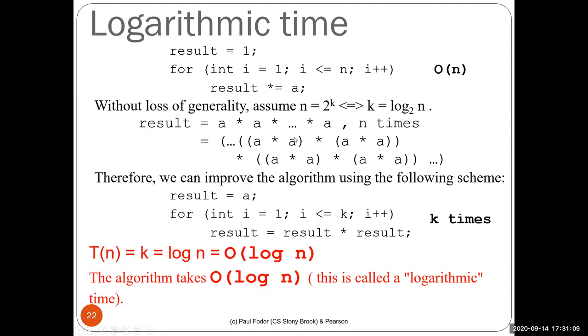Then in the next step, it will multiply this product with itself. Then in the next step, the product that we currently have in the result is multiplied with itself again. And this only has to be executed k times. So the time that it takes to execute an algorithm that computes exactly the same value is k times, which is log base 2 of n, which has a growth rate of log n.